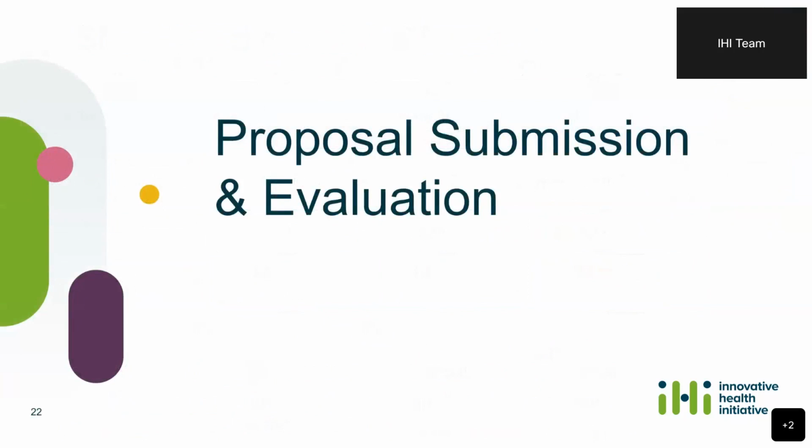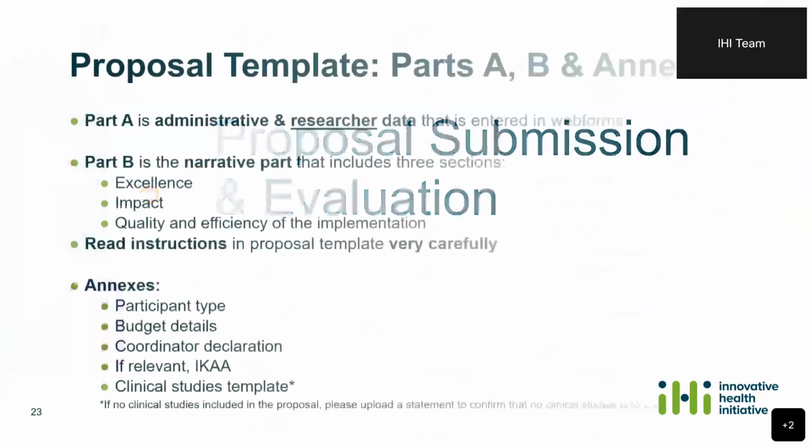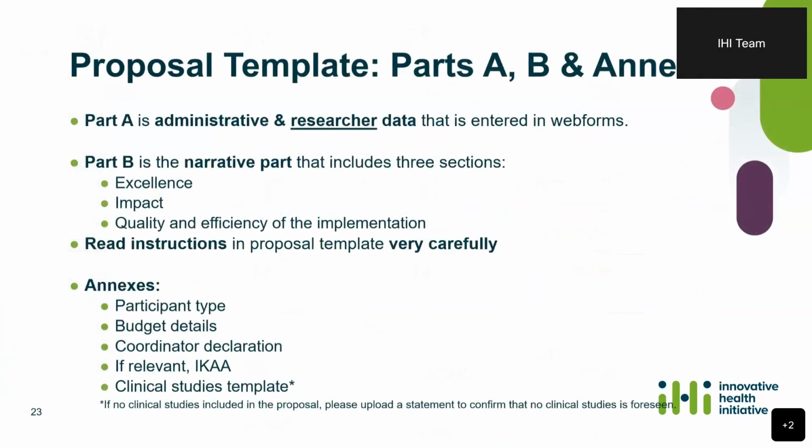So now we speak about the proposal submission and the evaluation itself. So here you will find in our website the proposal template with the part A, the part B, and the annexes. So the part A is the administrative and researcher data that will be entered online in web forms.